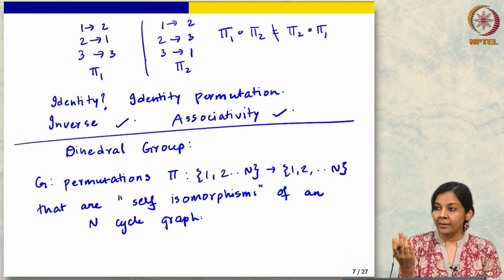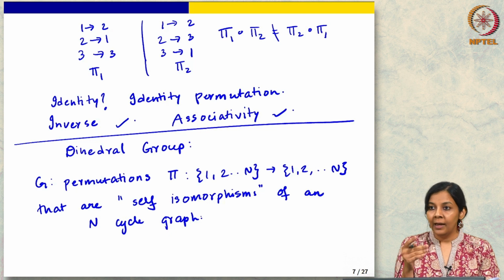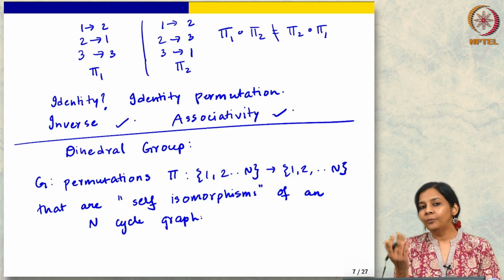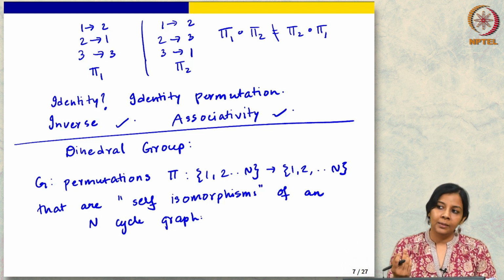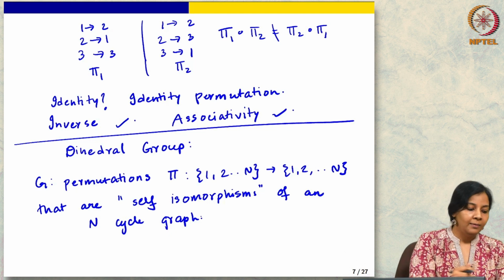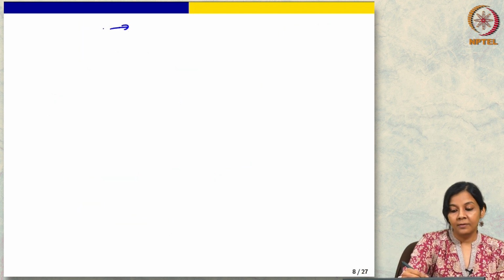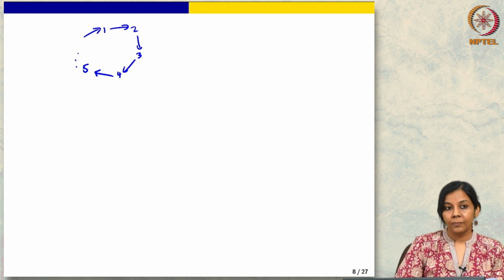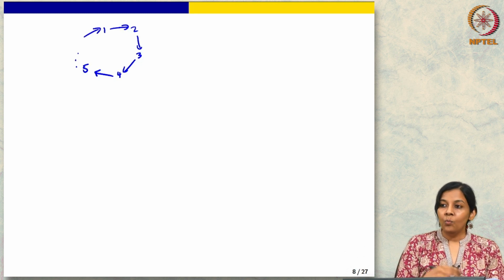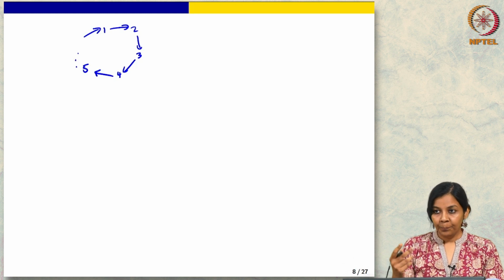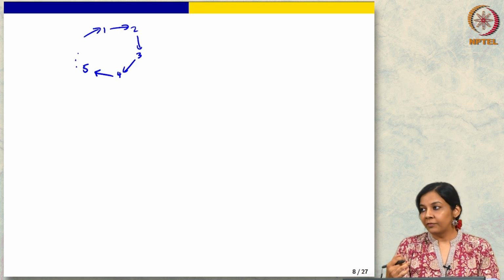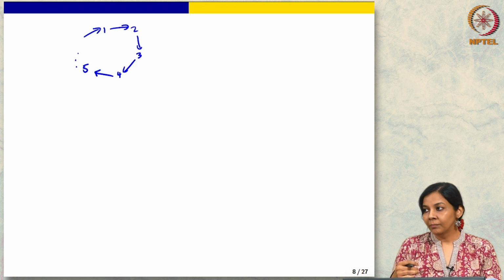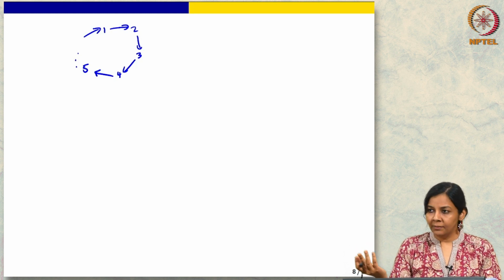Basically, if I take the n cycle graph, I could apply some permutation which again gives me the n cycle graph. What is the n cycle graph? It is just like this. I want those permutations that take this back to itself. Very good. Cyclic rotation is the simplest example.